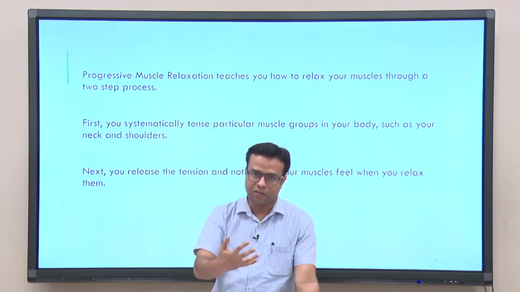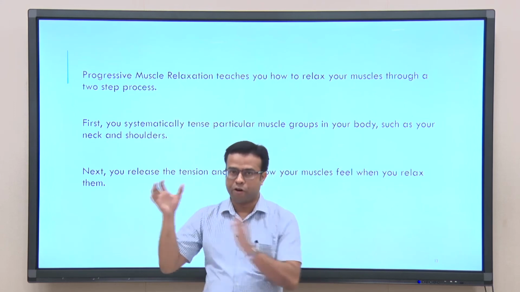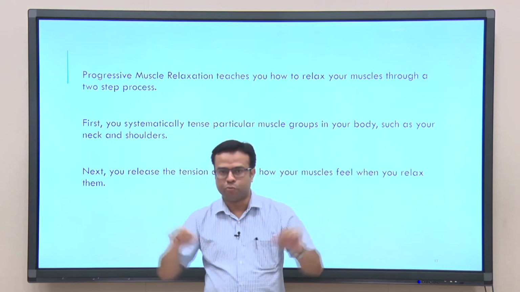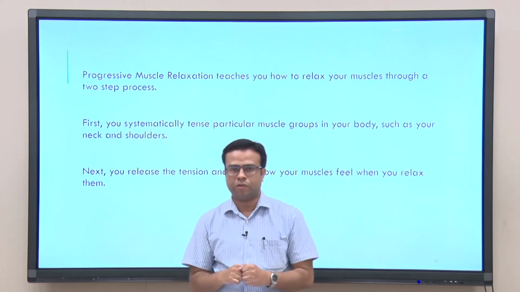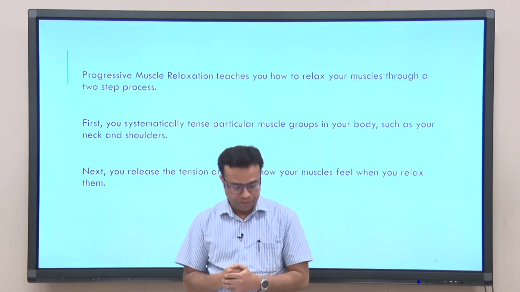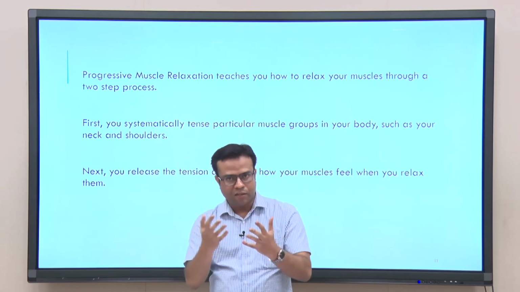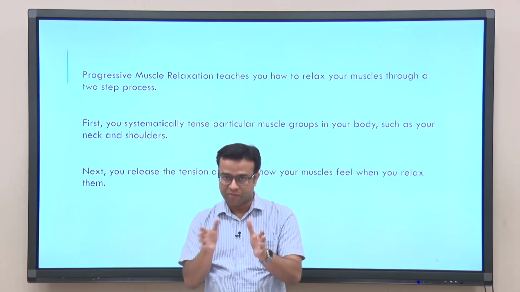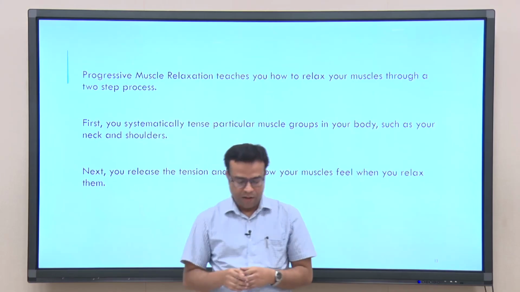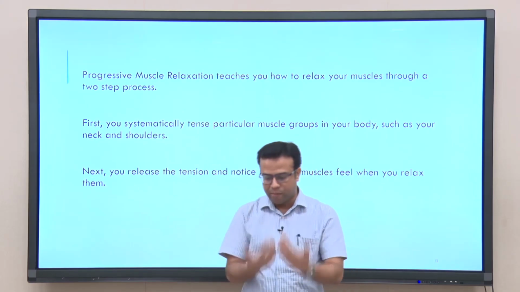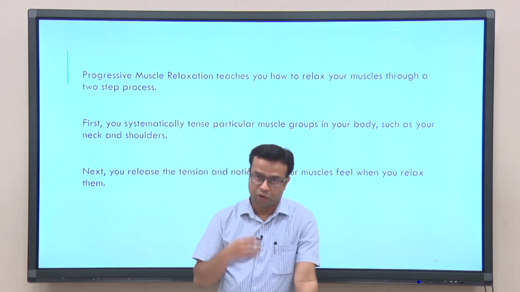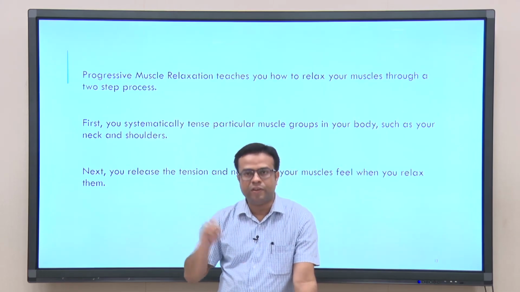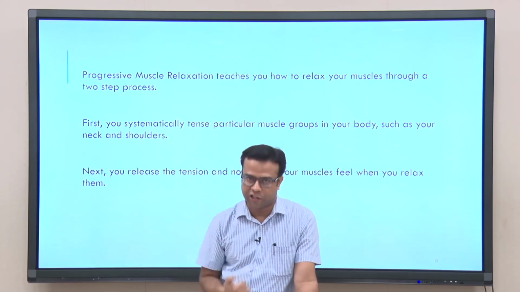We tense these muscle groups one by one, such as your face, or your arm and shoulder. This is the one step, systematically one by one. And then once you tense the muscle group, you notice the tension, and then you release the tension and feel the relaxation.